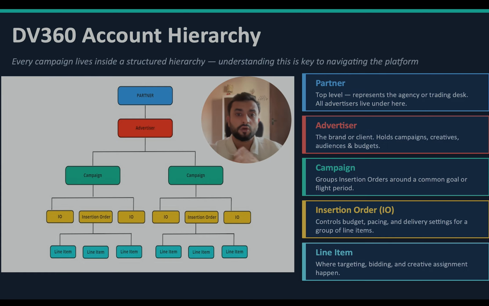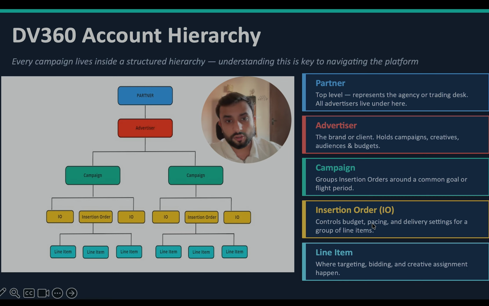Or it could be on the basis of different targetings. Like you have an IO for retargeting, an IO for brand awareness, an IO for conversions. So that's how you segment out different IOs, and you assign different budgets, where the major chunk was assigned at advertiser level, and then smaller chunks are designed at IO level.